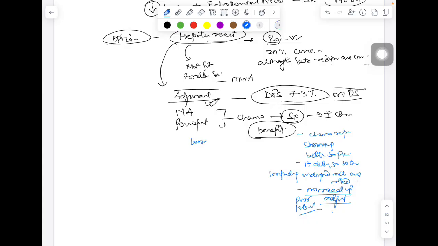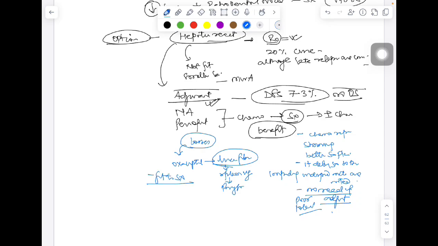So what are the losses? We are giving oxaliplatin, which causes liver fibrosis, which can increase spleen size, leading to pancytopenia. So liver damage is one thing, and fitness for surgery can go down with the chemotherapy. So neoadjuvant is plus minus benefit.